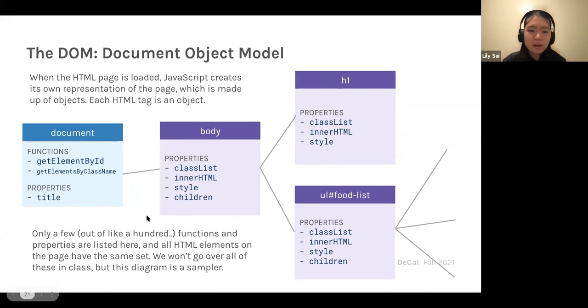But all of the HTML elements on the page have the same sets of properties, so we won't go over them in depth in class. This is just a sample of what you might see.